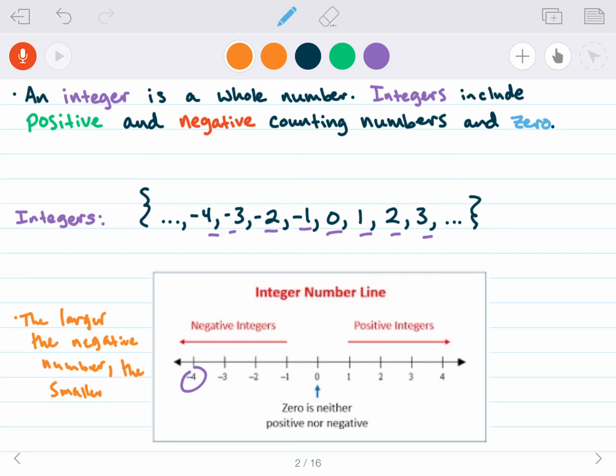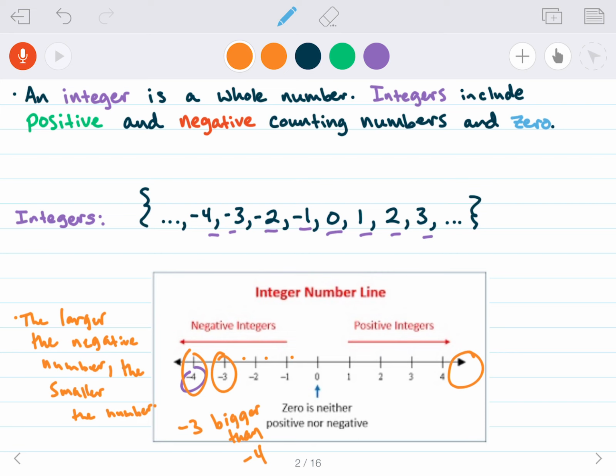So what do I mean by that? What I mean by that is -3 is bigger than -4, because as you move to the right of the number line, the numbers get bigger and bigger and bigger, going off to infinity.